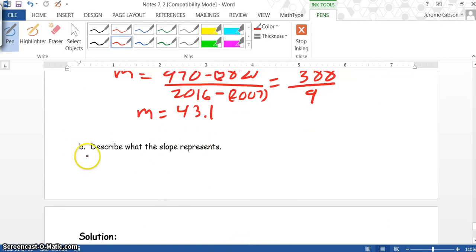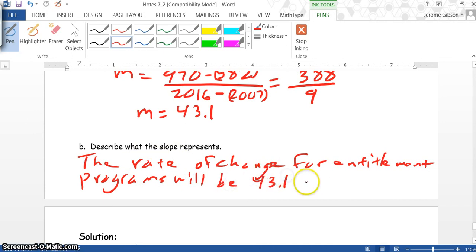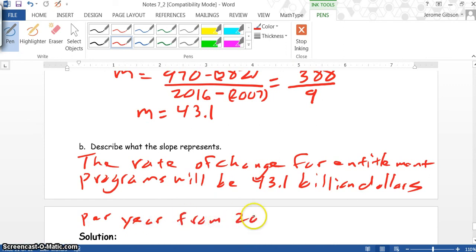So this represents the rate of change for entitlement programs will be $43.1 billion per year from 2007.